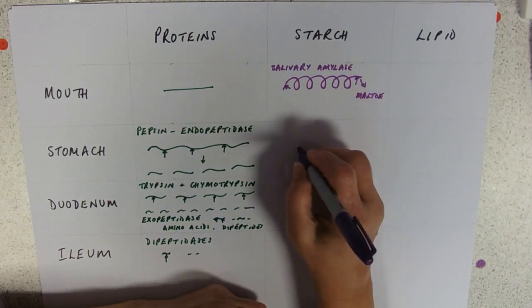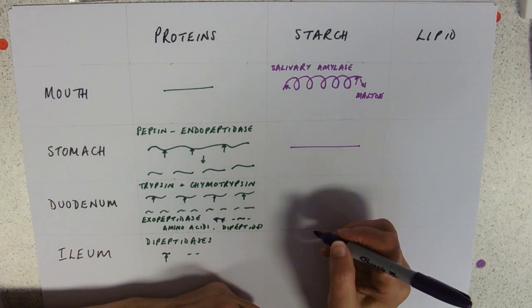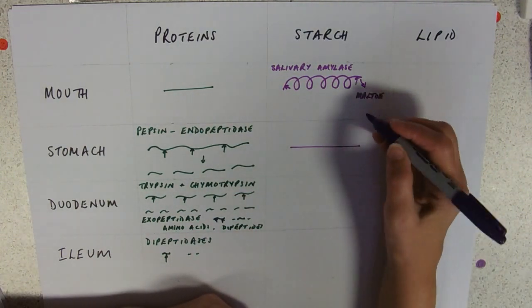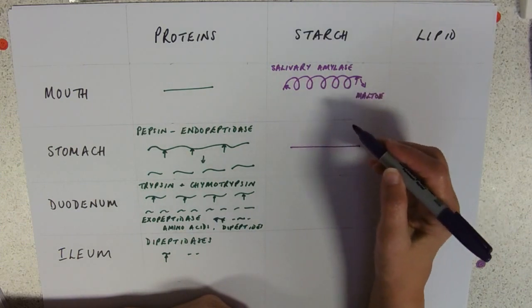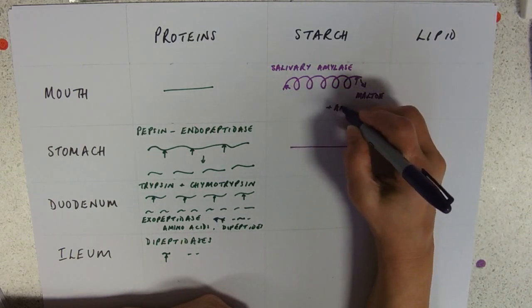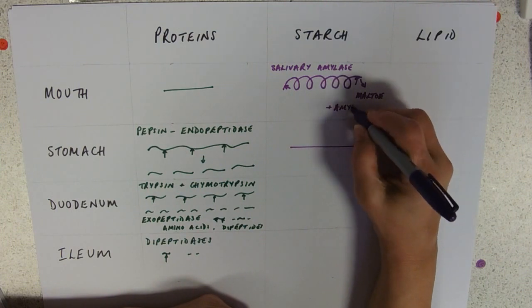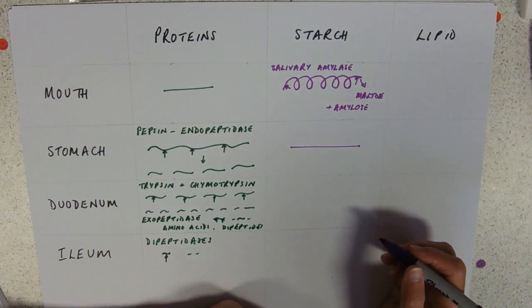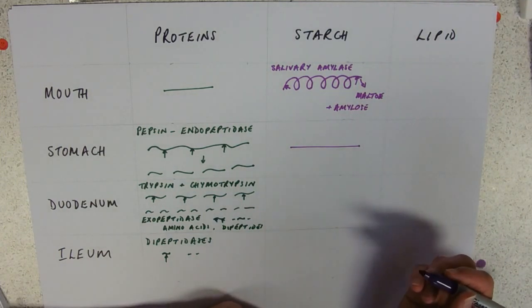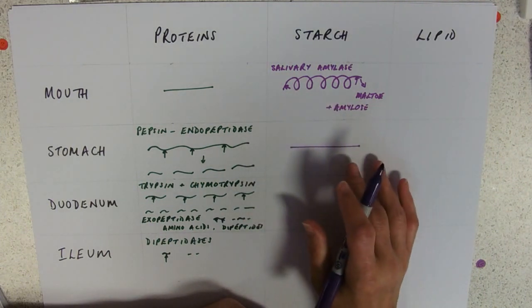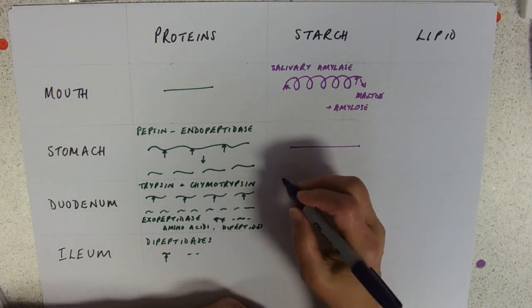In the stomach then, that enzyme's denatured, so nothing further will happen to that. So what you've got passing down into the stomach is some bits of amylose and some maltose. The longer you leave your starchy foods in your mouth, the more maltose you'll have and the less amylose you'll have. Because the amylase has been denatured, you've then got to re-release it.